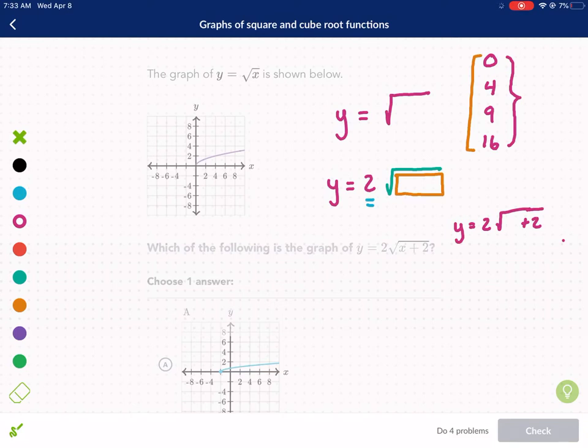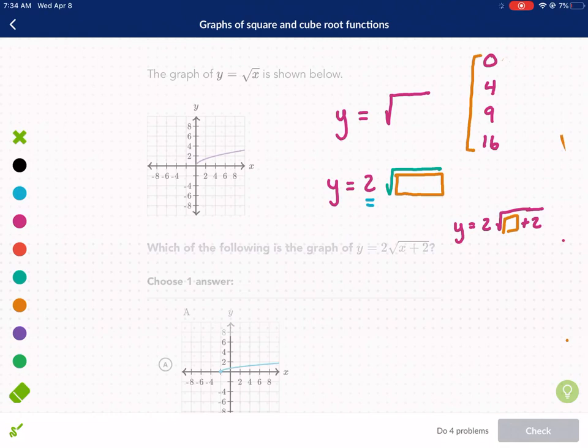So if we want our value to equal 0, let's take that for example, what do we need to do to get 0 if we have a plus 2 already there? So what do we need to add to positive 2 to get 0? That's one way to think of it.